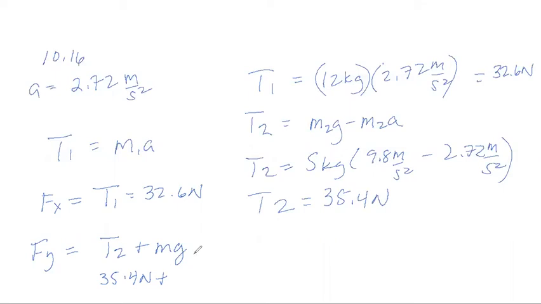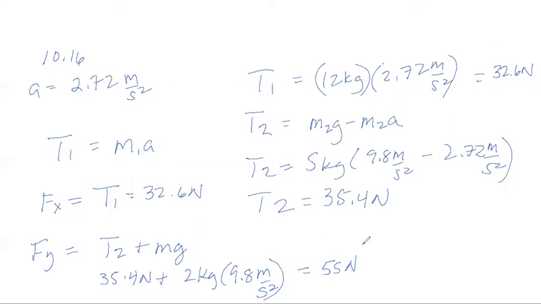The weight of the pulley was 2 kilograms times 9.8 meters per second squared. And that's going to give us 55 newtons.